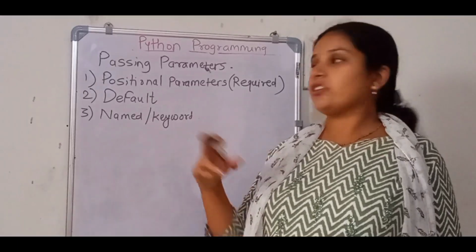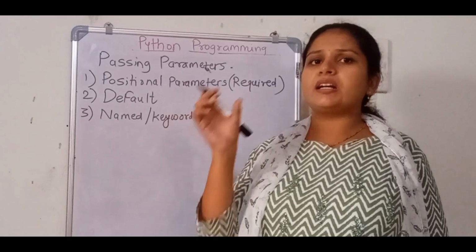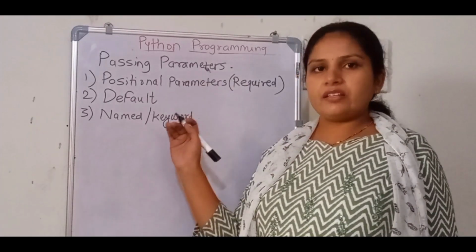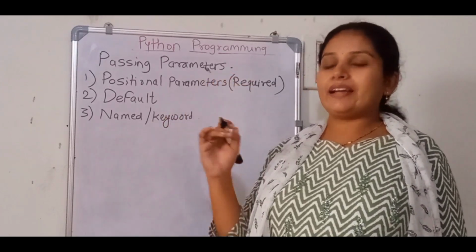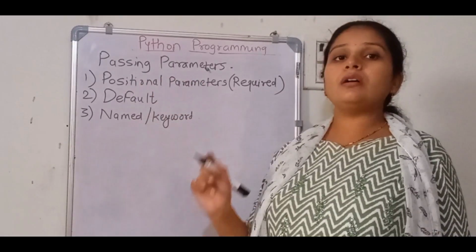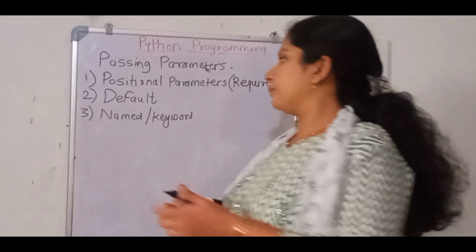So even if you are changing the position or sequence, it doesn't matter, because we are directly assigning the value to that name. You will get this significance once we take the example for each type. So first we are going to see the positional parameters or required argument.